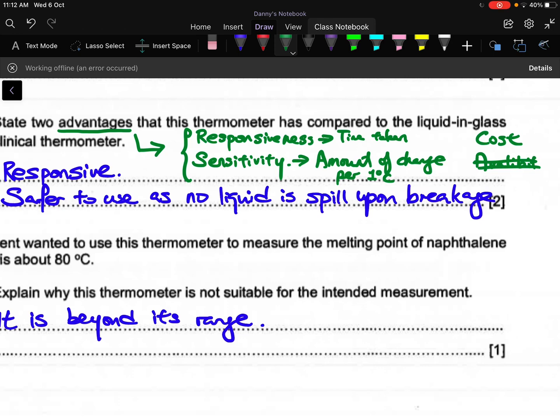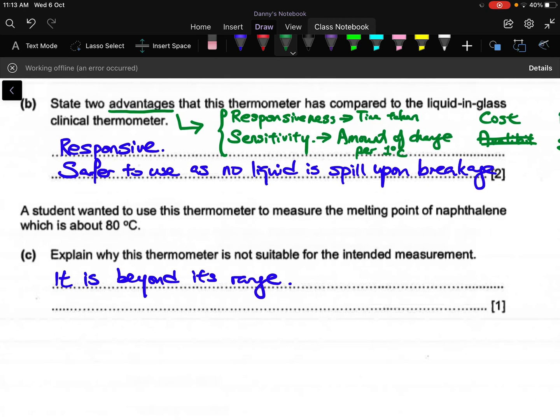So as you can see, in our lab, we started off with mercury thermometer, but after one incident that has happened, we decided not to give you mercury thermometer. So now in our lab, everything is alcohol thermometer. So as long as you make sense, we will give you the mark. So we accept responsiveness.